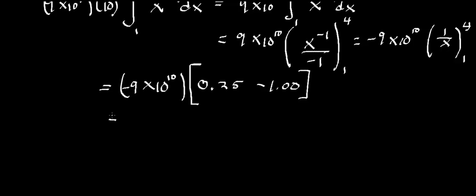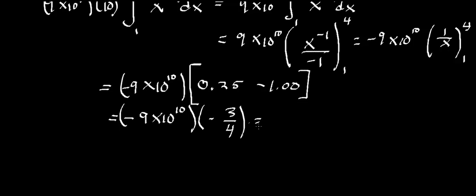Okay, so this is equal to negative 9 times 10 to the 10th times negative 3 over 4. The negative signs will end up canceling because when you multiply two negative signs together, you get a positive number.